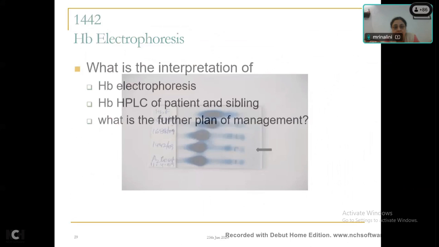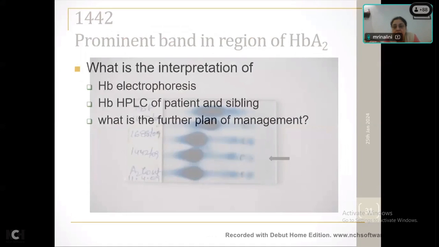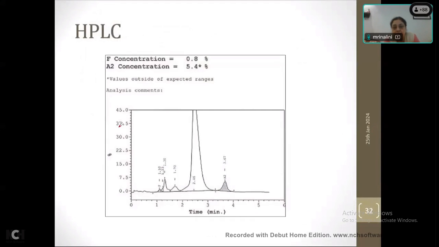Okay, very well. So you have interpreted the HB electrophoresis. Then I had also given you the HPLC of the patient and the sibling. This is the HPLC of the patient. So what is your interpretation? Ma'am, in this, the HbF percentage is within normal limits, but A2 is more than 4%.